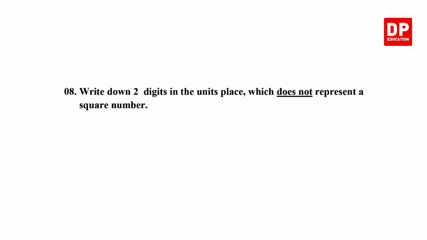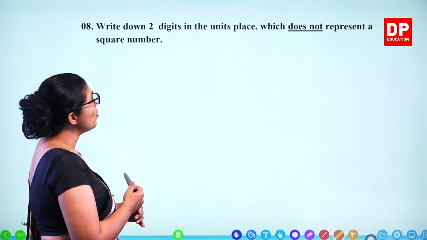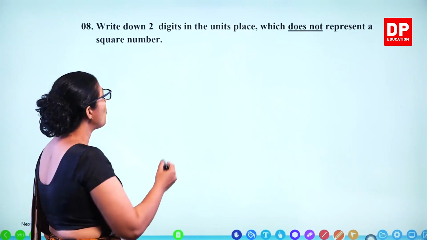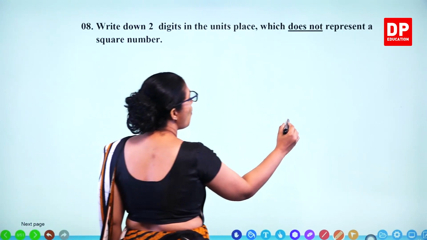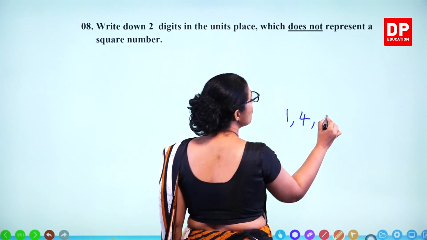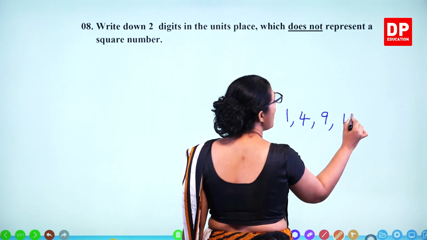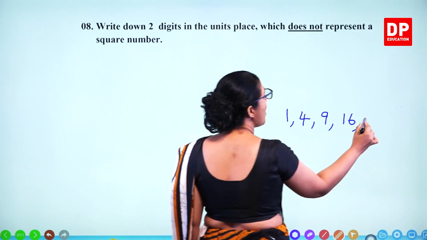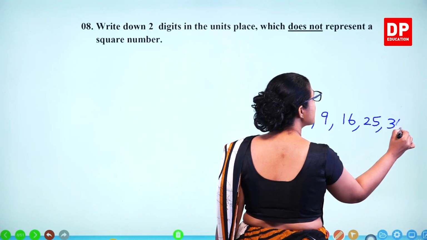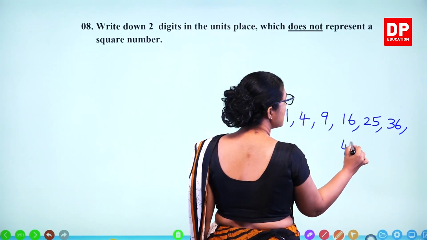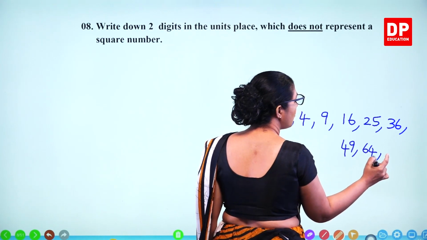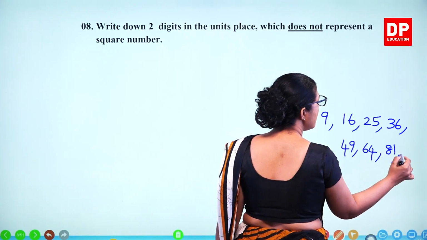Question number 8. Write down 2 digits in the units place which do not represent a square number. So what are square numbers? 1 squared, 1. 2 squared, 4. 3 squared, 9. 4 squared, 16. 5 squared, 25. 6 squared, 36. 7 squared, 49. 8 squared, 64. 9 squared, 81.